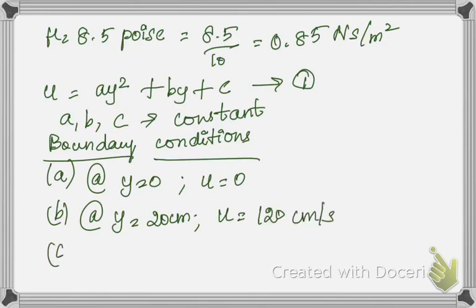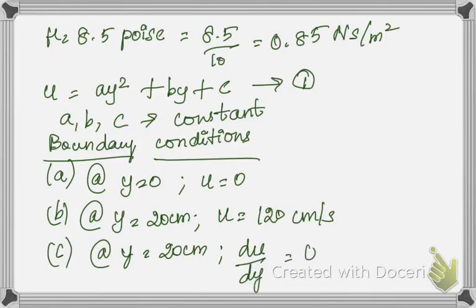And the third one, since you have three constants, you are in need of 3 equations. At y is equal to 20 centimeter, what will be my du by dy? That is going to be 0 because the velocity does not change beyond that point. So it is 0. Now we are going to apply these and determine the constants.